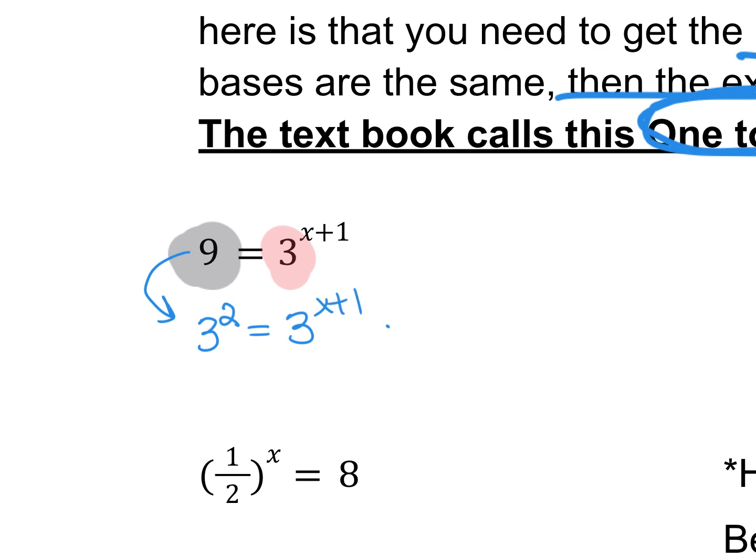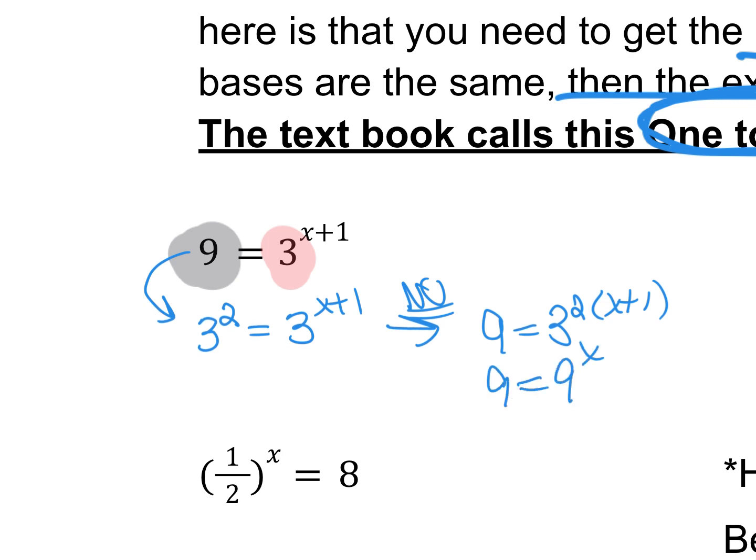Notice what I am not doing. I am not saying 9 equals 3 squared to the x plus 1, and calling that 9 equals 9 to the x plus 1 or something like that. Kids like to do that quite often. They like to try to change the smaller number to match the bigger number.